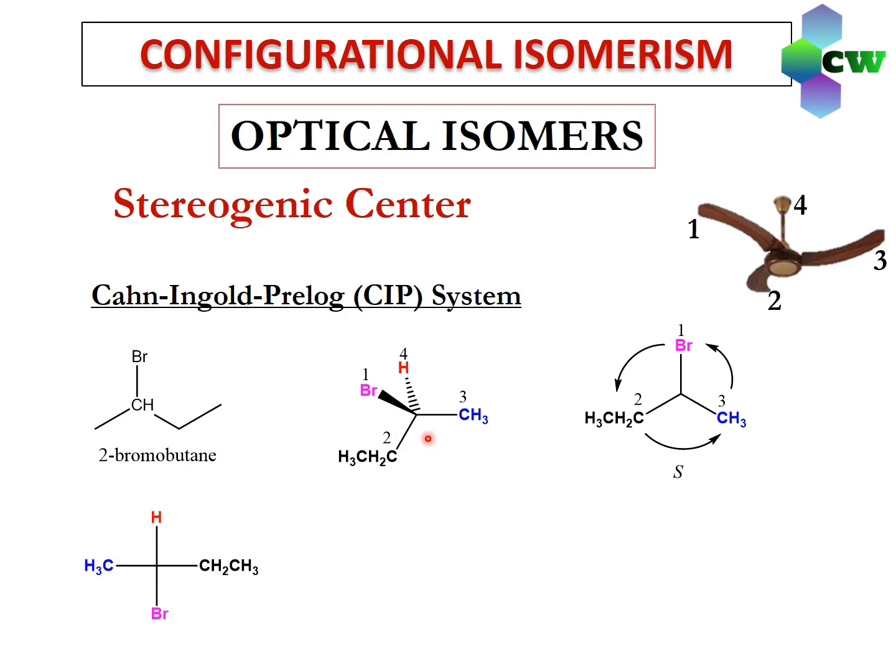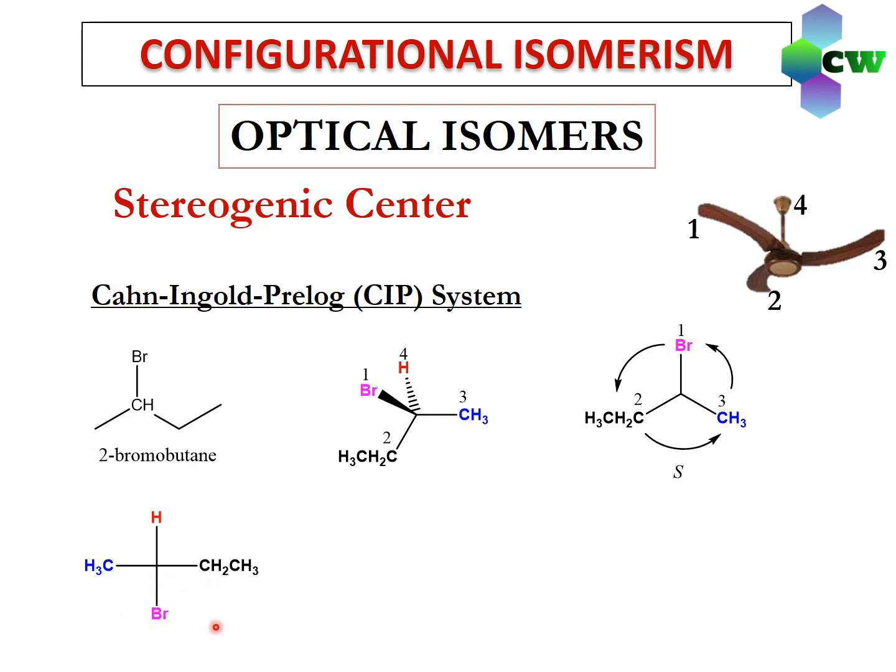So if you are standing right here, and in fact you are standing behind this screen facing towards yourself, where you are sitting right now, and you look at this molecule from this angle, this C2H5 will appear as if it is to your right, and this CH3 is to your left, and this H and bromine will be projected away from you. H will be appearing as if it is above here, and bromine is right below here.